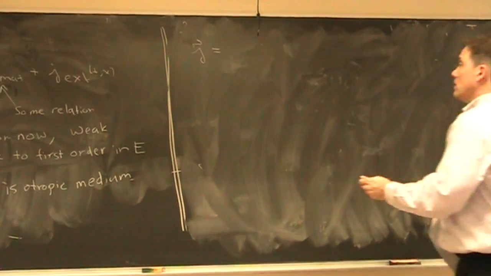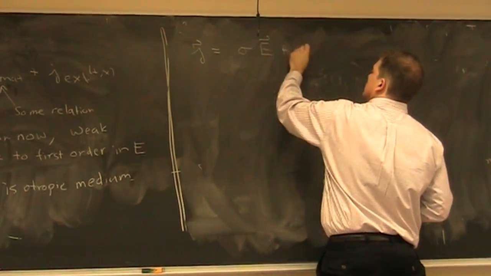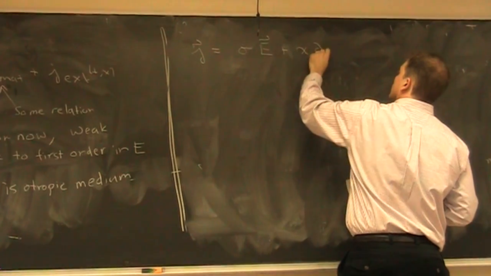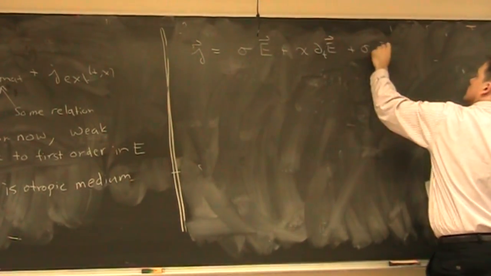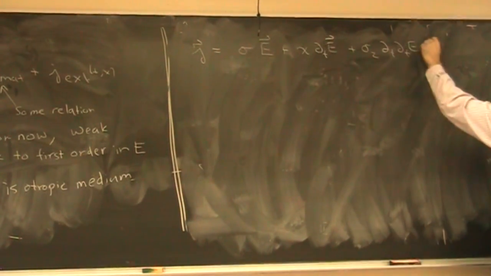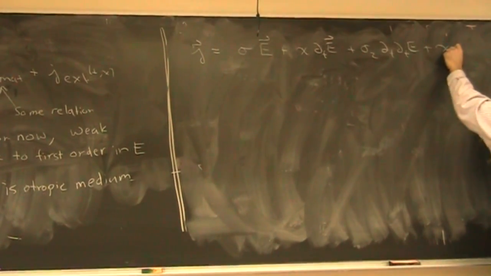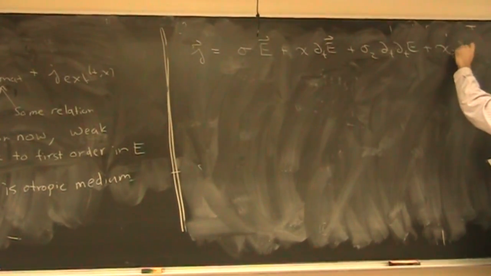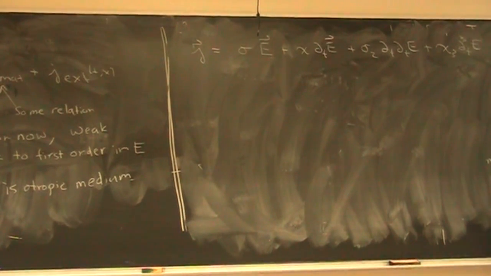Then the only kind of terms I can write down would be these kinds of things: some numbers times E, plus some other coefficient times the time derivative of E, and so on.